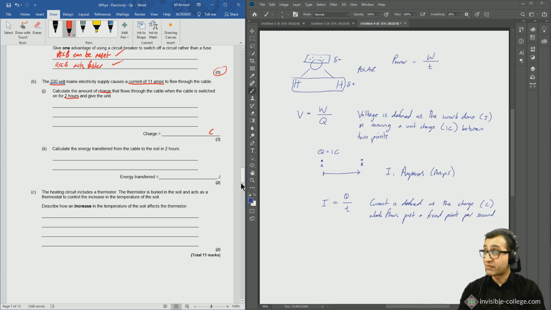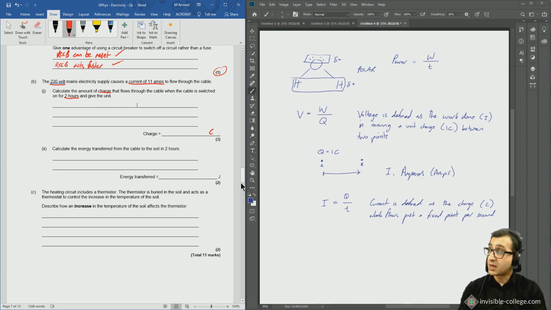So you need to ask yourself at this point in reading the question, which equations do I know which link current, voltage, charge, time, and which one can I use, or if I need to use more than one, which ones do I need to use to calculate charge? Well, we've already seen a couple of equations that link some of these quantities.